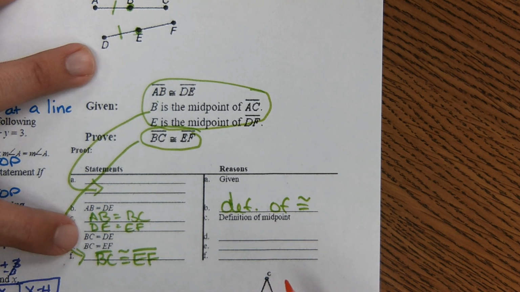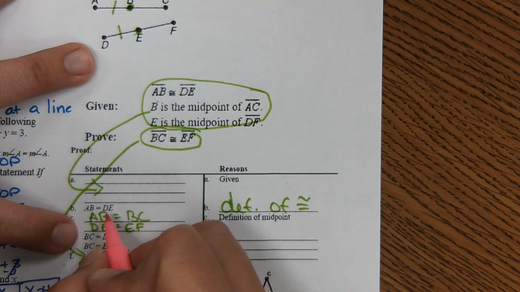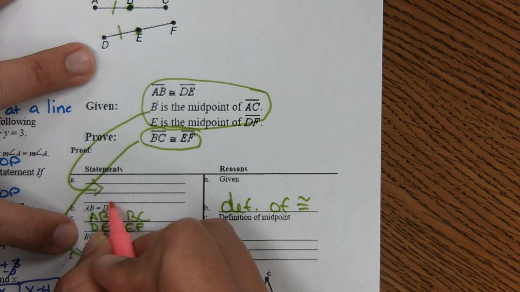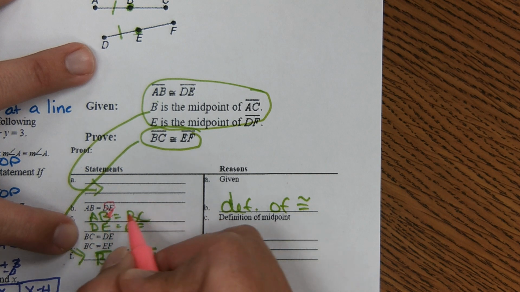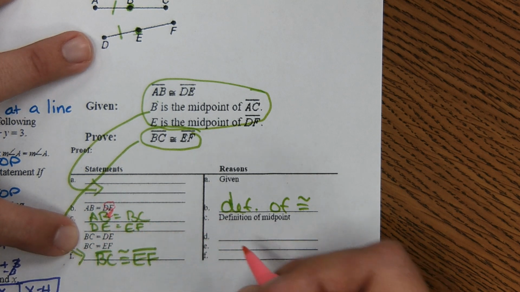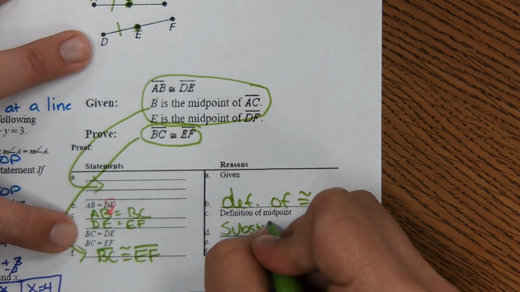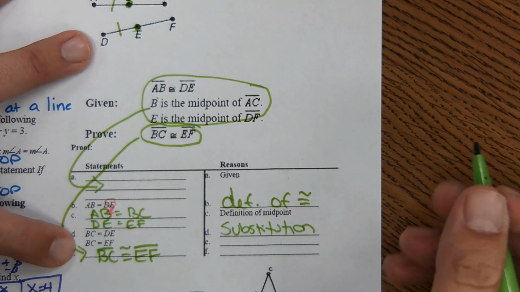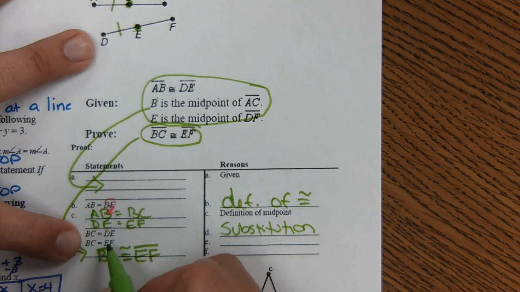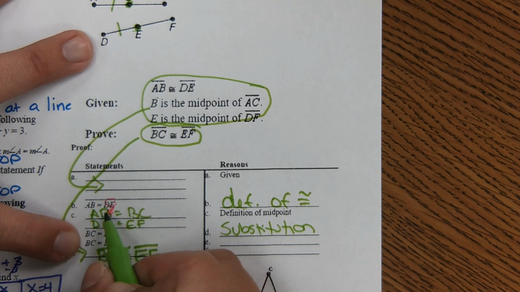Then in the next step, since AB is equal to DE, they plug this into this to get this statement. So that would be substitution. And again, they substitute again to get this.